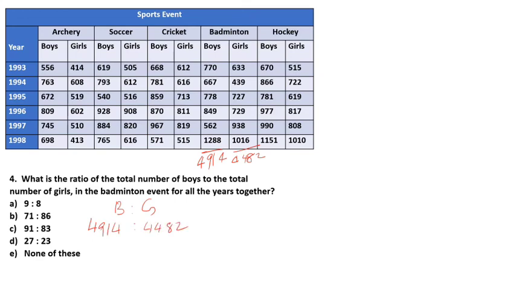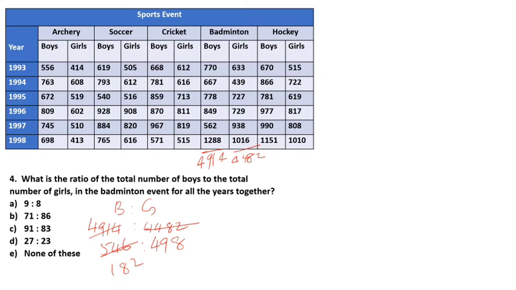So now you can cancel it with 9. How many times? 9 5s are 45. Then 4 times. Then 6 times. Here when you cancel with the 9, it becomes 498. Again you can cut it with 3. How many times? 1, 8, 2.